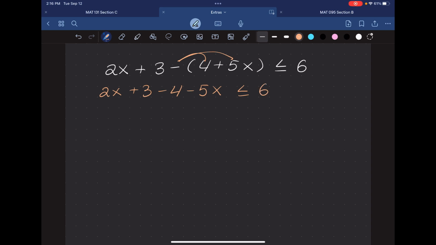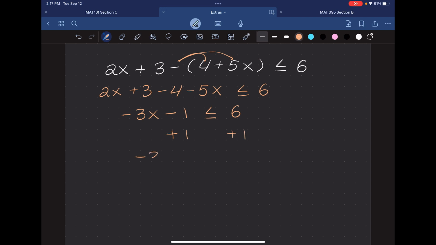And then we combine like terms. So the 2x and the minus 5x give me minus 3x, and the 3 minus 4 gives me a minus 1. And we still have less than or equal to 6. Now we're at a two-step inequality, and just like in the other one, we'll deal with our constant terms first. So I'll add 1 to both sides.